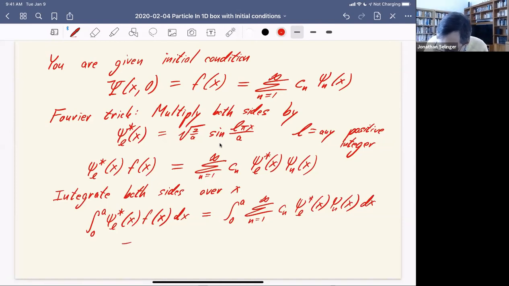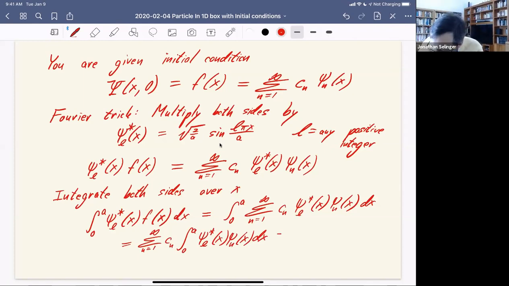Now let's do the integral on the right side of this equation. We can do that by putting the integral inside the sum. The integral of a sum is the sum of the integrals. So it's the sum from n equals 1 to infinity of Cn times, whoops, an integral from 0 to a of psi L star of x psi n of x dx.